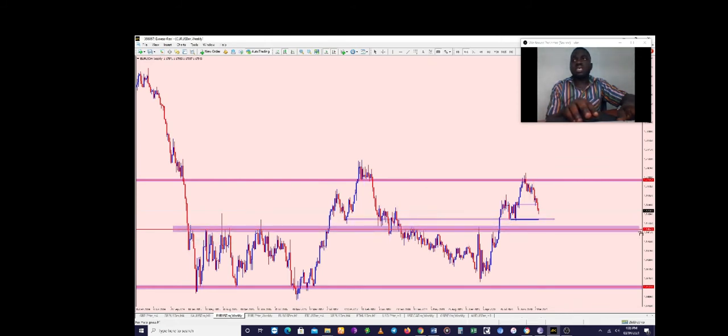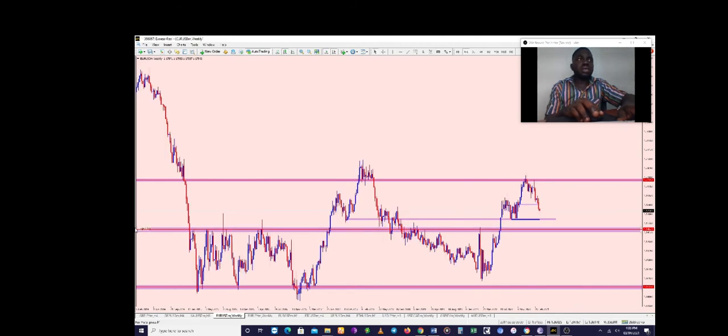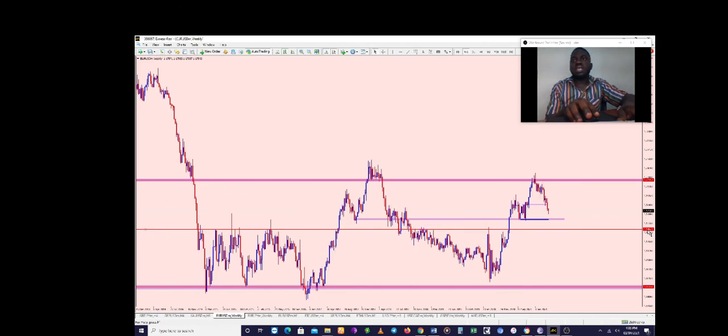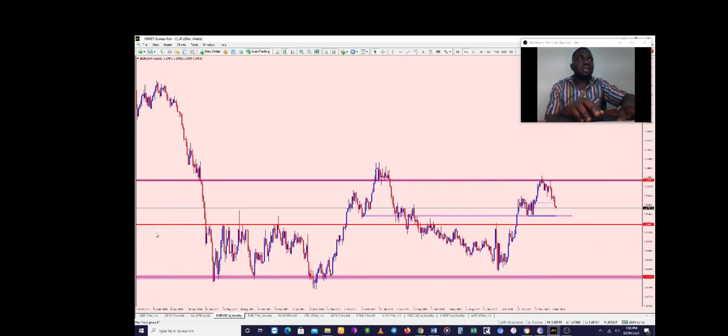Now, like I'm saying, these are higher time frames. So it's very important. It takes time for prices to get there, and once they get there, the institutions really react. All right.